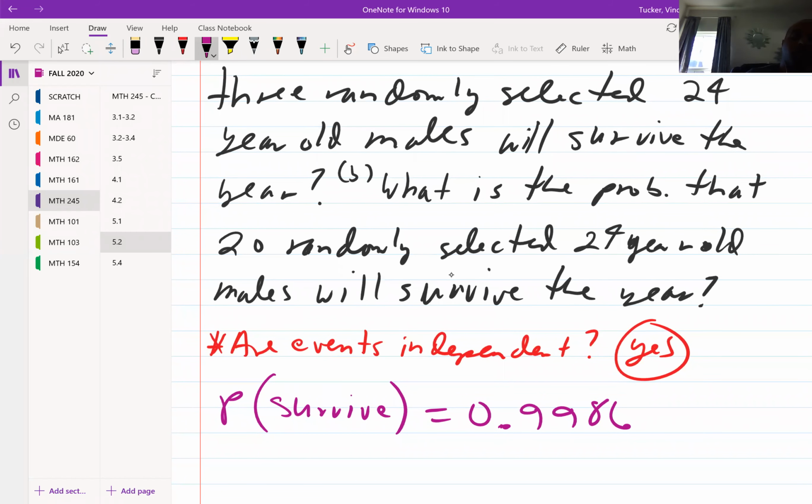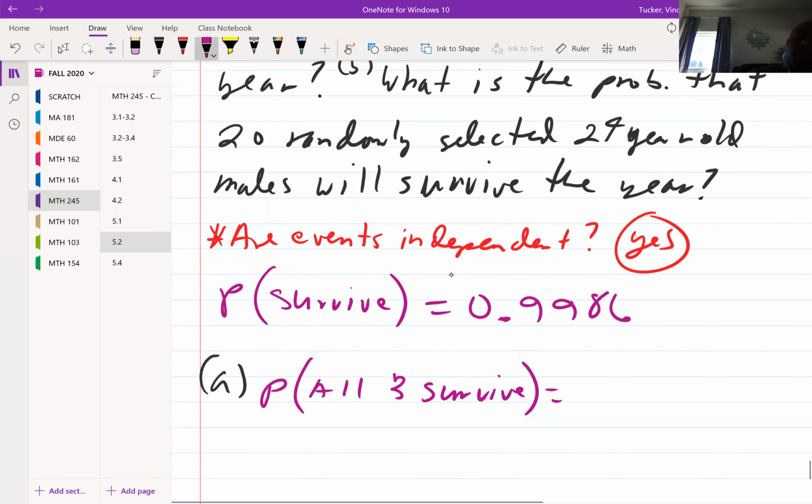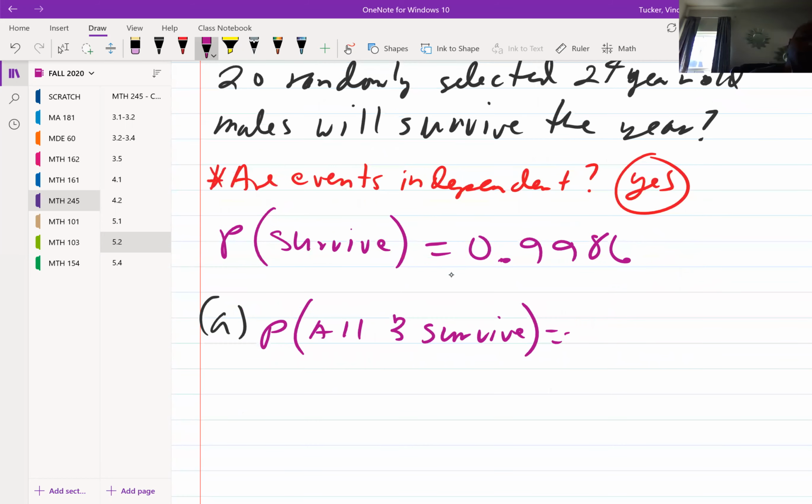We got that from the problem. So A asks us the probability that 3 randomly selected 24-year-old males will survive. So we're looking at the probability that all 3 survive.